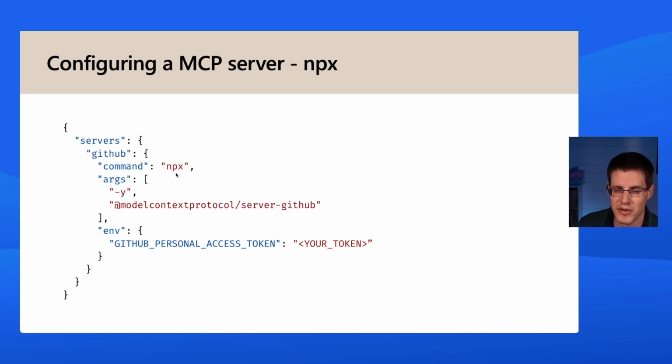This is coming from the Node ecosystem, and it's going to download and install the dependencies and everything to run this server GitHub tool. And now this MCP server will start up, it'll expose the tools, and again, my app can send the descriptions of those tools to the LLM, and I can delegate the execution to here, to this MCP server. Then this MCP server also needs a GitHub personal access token to be able to run.